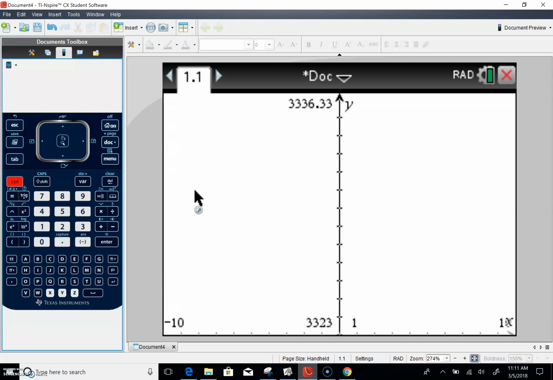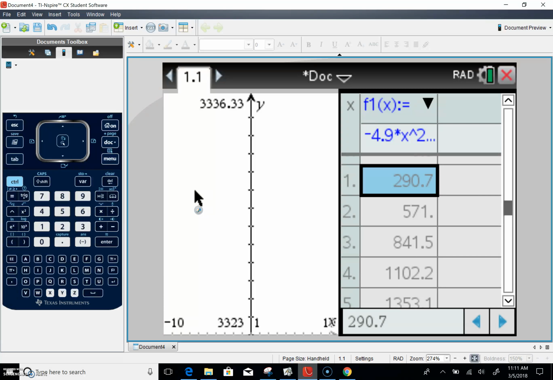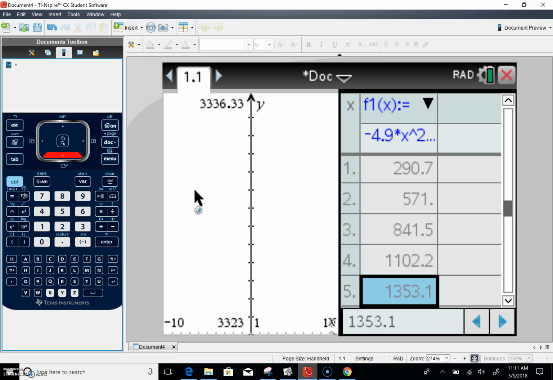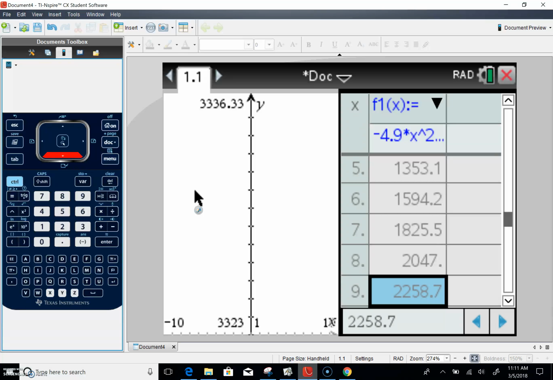Okay, I'm gonna go Control T. Okay, 5 is 1353.1, which is okay. There's no decimal here. 10, 2460, which is good. 15, 3323, which is good. 20, 3940, which is good. 25, 4313, which is good. 4440, which is good.